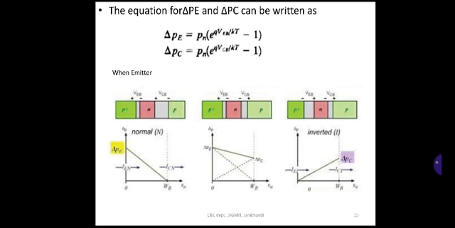Here in this figure there are two modes, normal mode and inverted mode. Normal mode is represented as N, and inverted mode is represented as I. The subscript N is the normal mode and I is the inverted mode, and the middle figure is a superposition of those two.